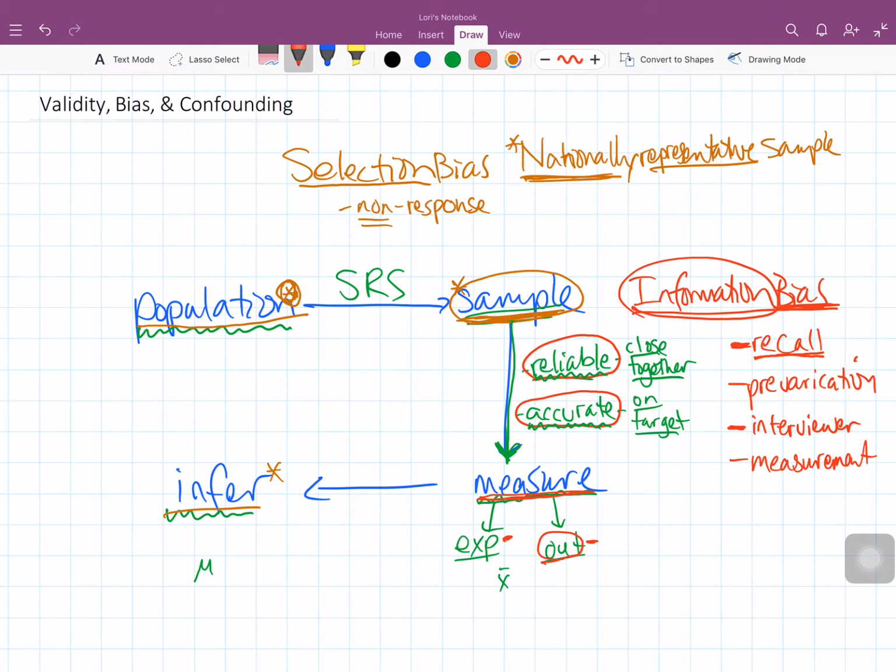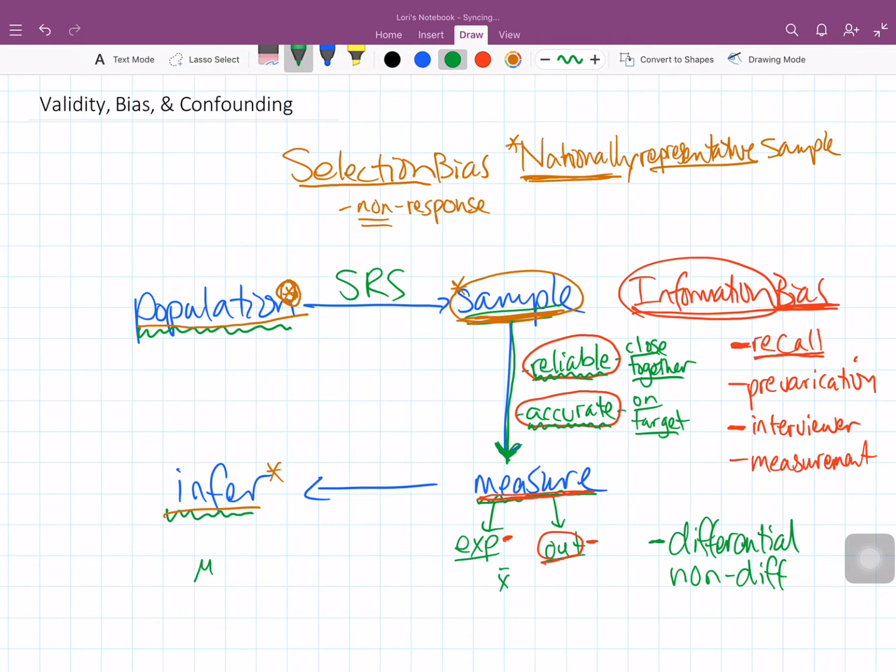And that gets us to this whole concept of whether something is differential bias versus non-differential bias. Differential bias means that for some reason, people that are in two groups have this bias applied to them differently.